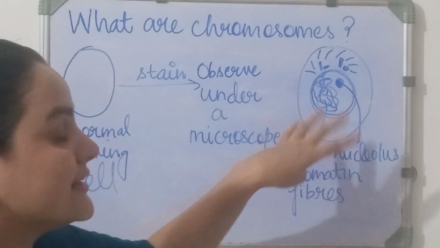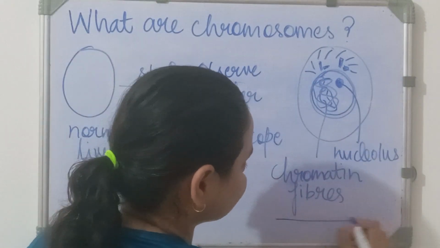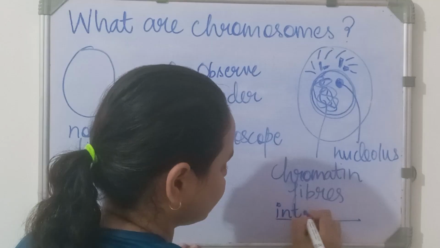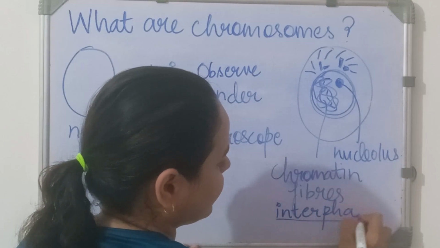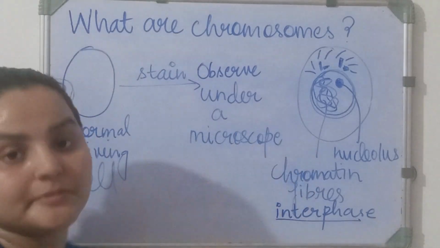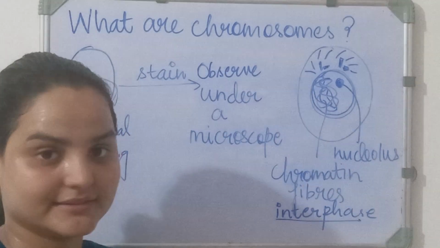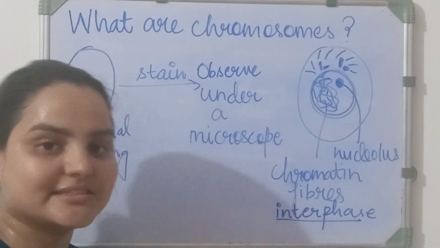This is one of the stages of the cell, known as interphase. It is known as the resting phase because the cell is preparing for division. We will be studying all the different stages of the cell cycle in this chapter only.